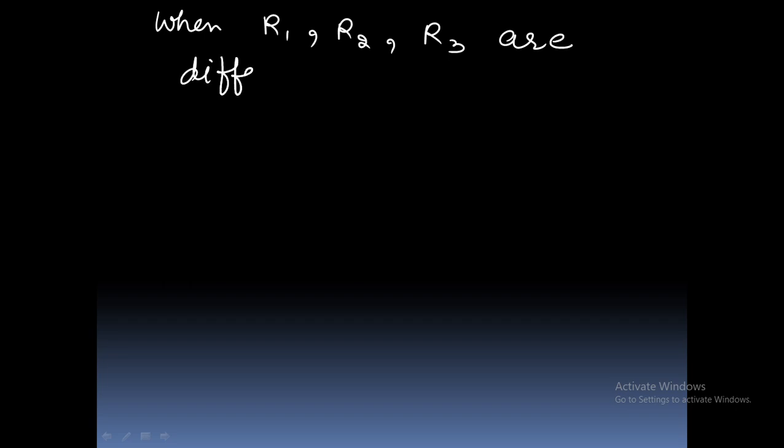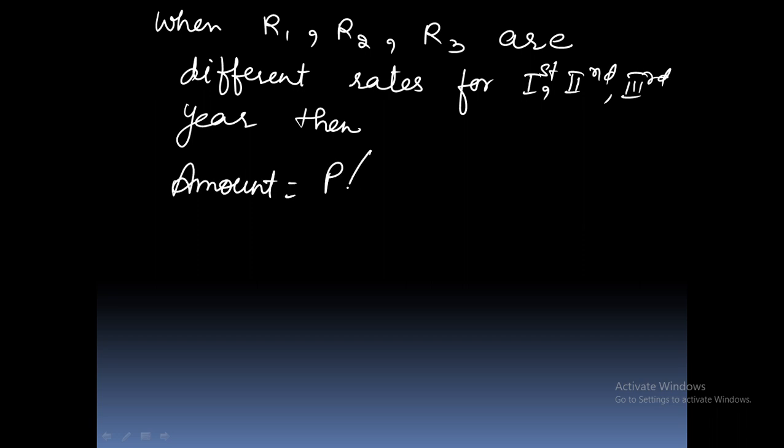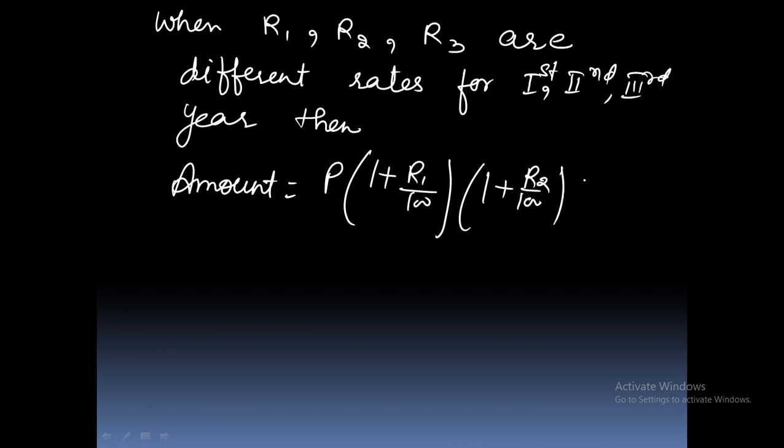But when R1, R2, R3, that means we are given different rates of interest for the first, second, and third year, then for calculating amount we will use this formula: P round bracket start 1 plus r1 over 100 bracket close, then 1 plus r2 over 100 bracket close, then again 1 plus r3 over 100 bracket close.